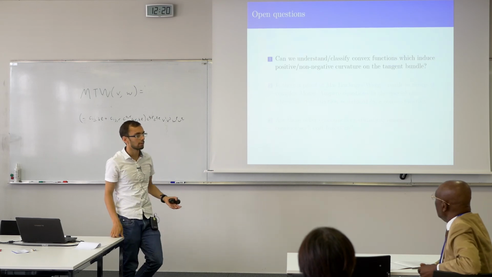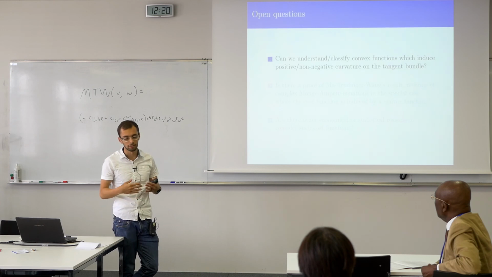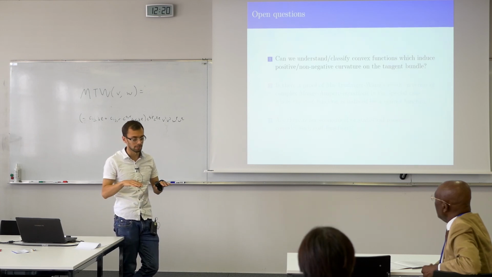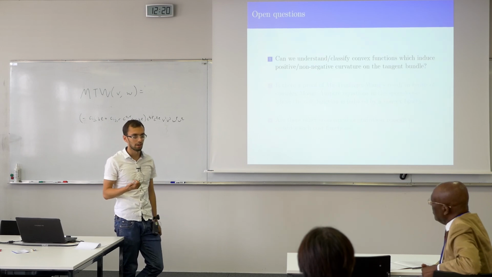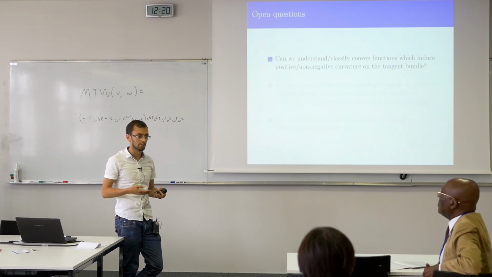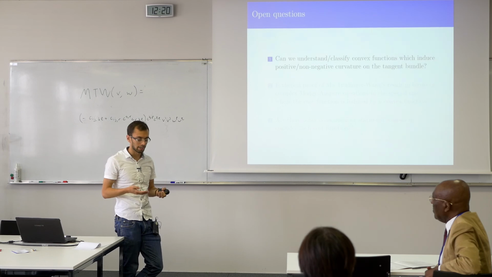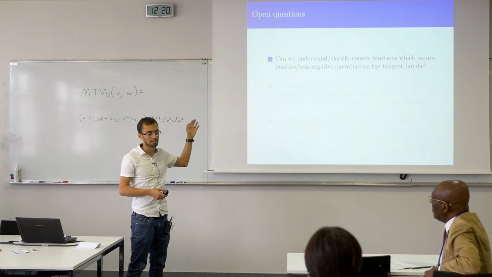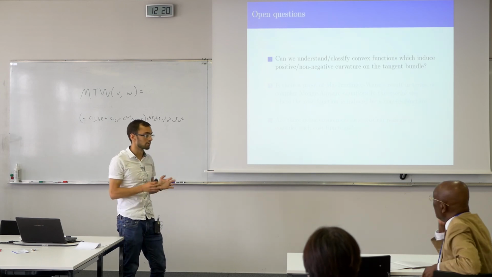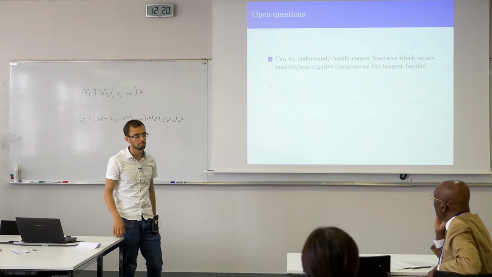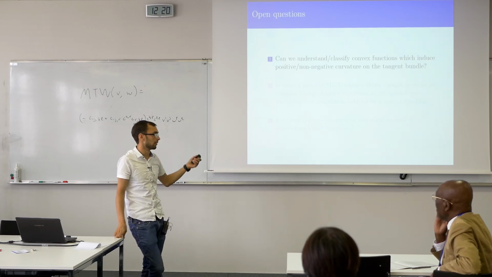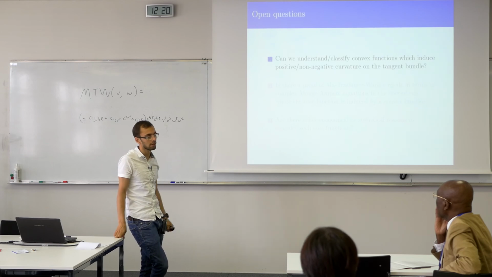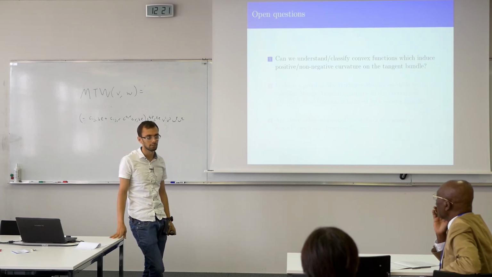Yau's uniformization conjecture is the most famous example of this, because it says that if you have positive bisectional curvature and you're a complete Kähler manifold, then you're just holomorphic to Cn. This has been partially proven, but the moral of the story is that we should hopefully expect something like this, to show rigidity of cost functions which have this property, and correspondingly convex functions which have these non-negative curvature properties.